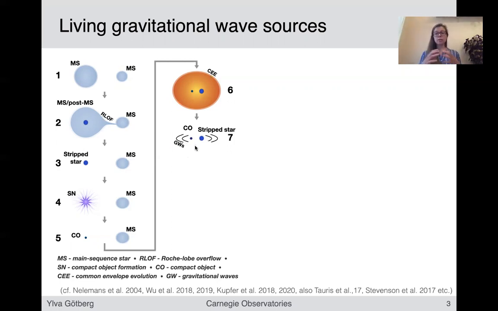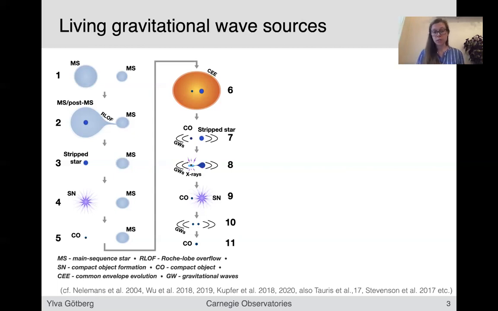In case gravitational wave radiation tightens this binary, or the stripped star evolves and expands, interaction can occur between the two stars. Eventually, the stripped star will also become a compact object, and if the system remains bound, we have the double compact object systems that may merge and form a different compact object.